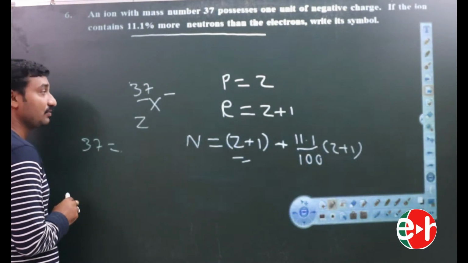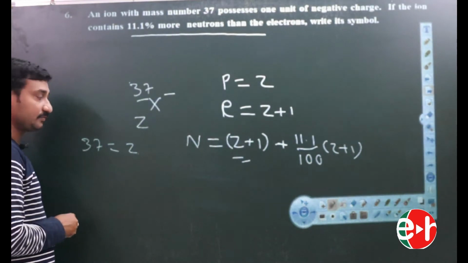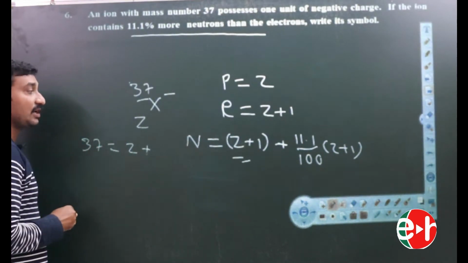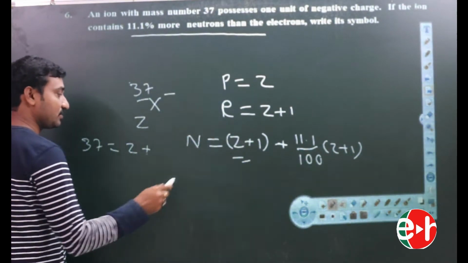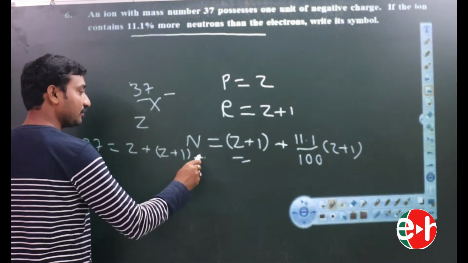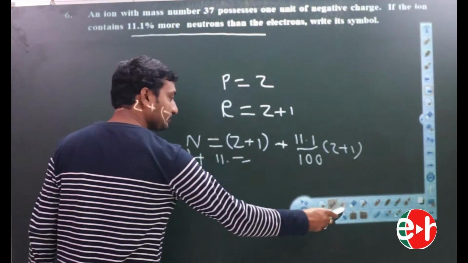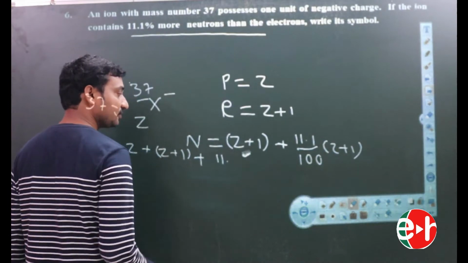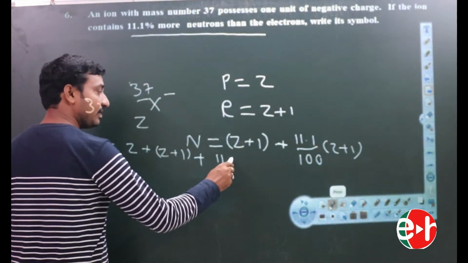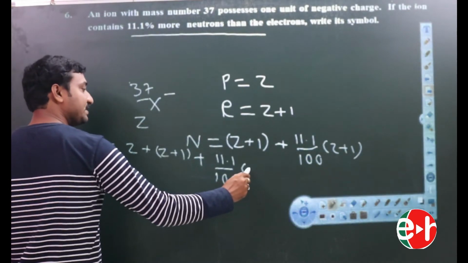Mass number A is equal to number of protons, which is Z, plus number of neutrons. These are the number of neutrons: Z plus 1 plus 11.1 by 100 into Z plus 1.